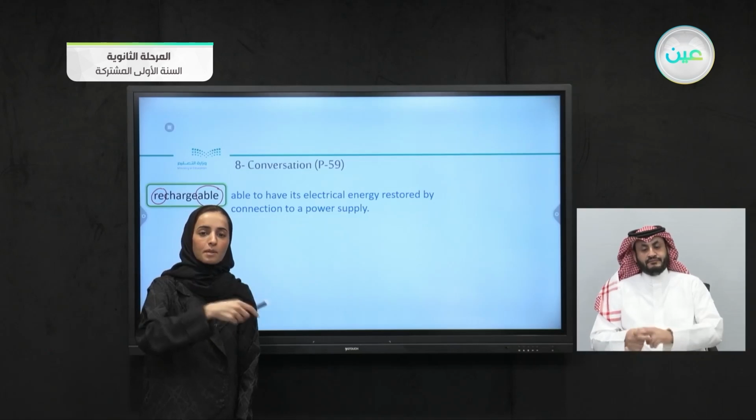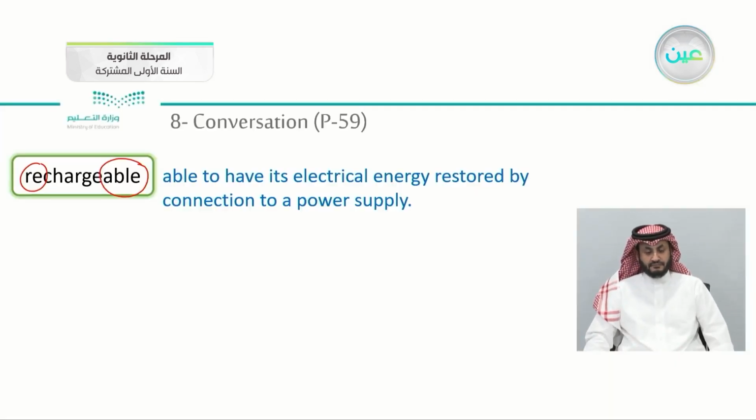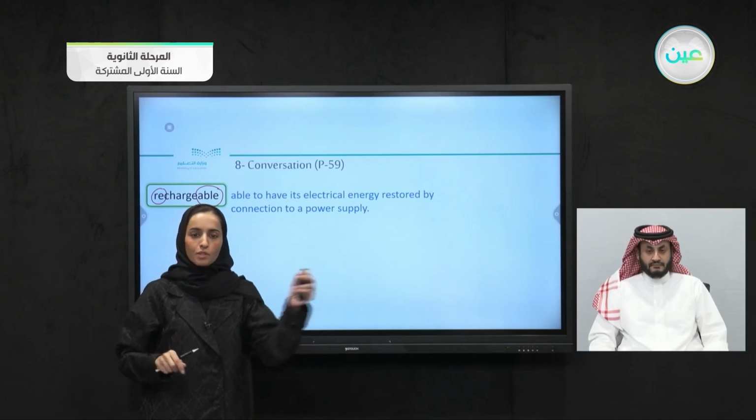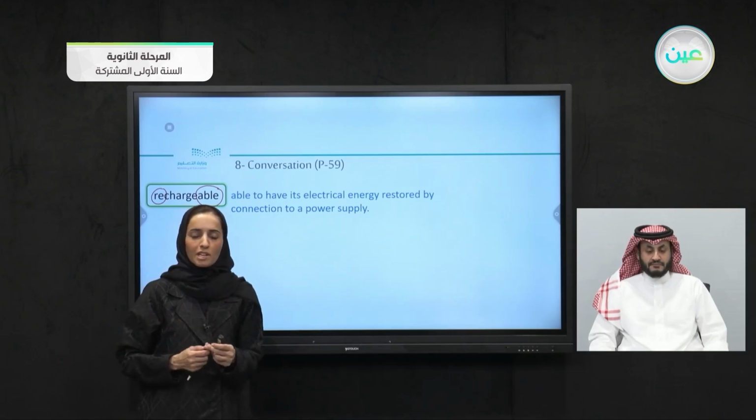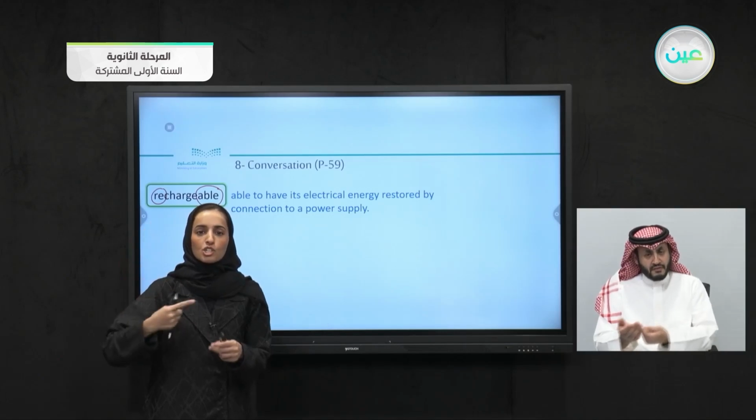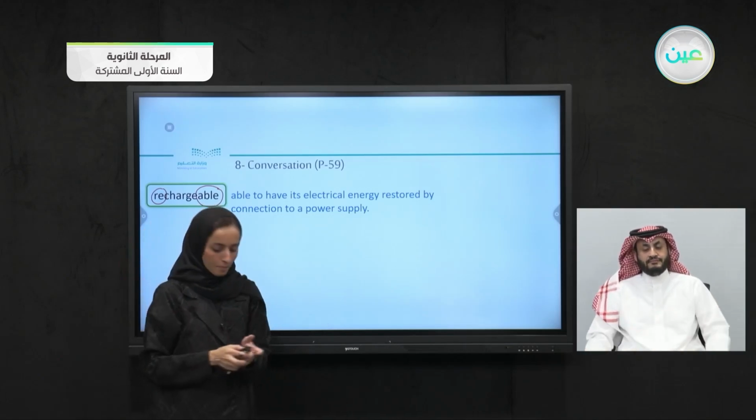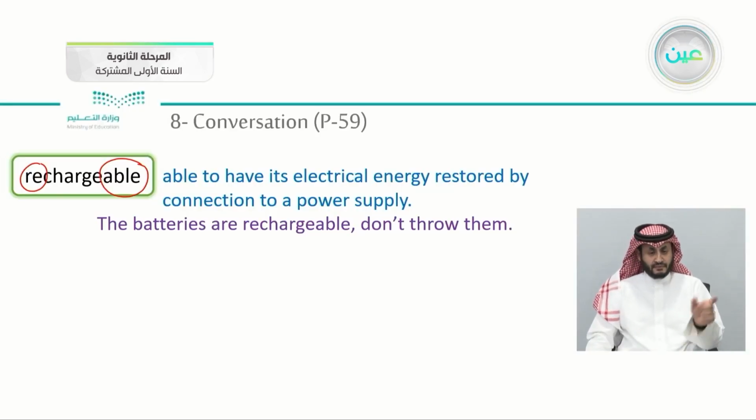Rechargeable: able to have its electrical energy restored by connection to a power supply. So, it's not disposable. You will not throw the battery away if it is dead or doesn't work anymore. You will plug it into electricity, and it will recharge itself. You can use it again and again. Just like here, the batteries are rechargeable. Don't throw them away. Use them again and again.